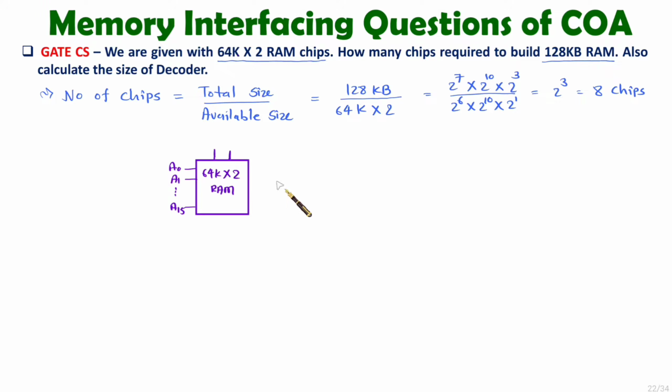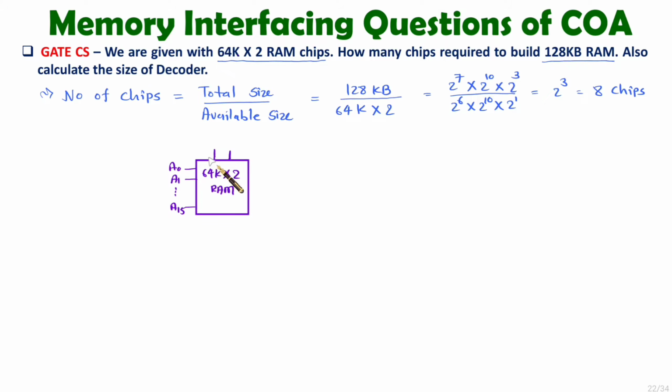Similarly, how many chips are there? 8 chips are there. Now you see how many data lines are required in this chip. We have a requirement of 8 bits, B means 8 bits. So horizontally we need 4 RAMs so that you can have a total of 8 data lines. With a single RAM we have 2 data lines available.